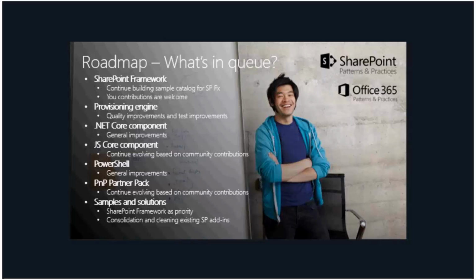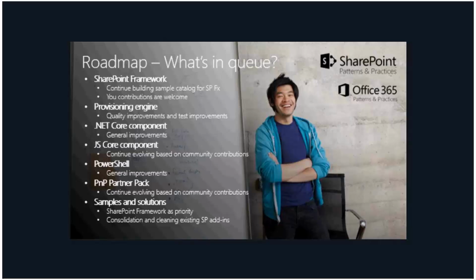So whenever we go live fully with SharePoint Framework and the client-side web parts, you will have a set of proven web parts which are reviewed by the SharePoint engineers, and you can use them as a starting point for your customization. From a provisioning engine core component side, we're looking into quality improvements.